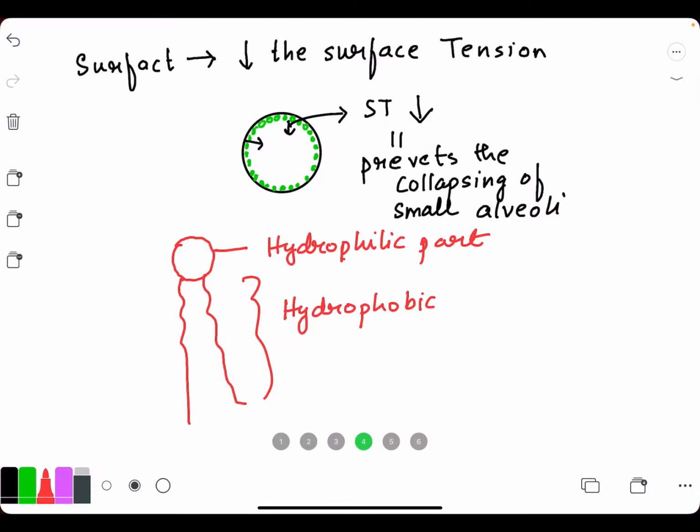Now imagine the liquid molecules are present, and there is attraction between these molecules. This attraction results in formation of the surface tension actually.